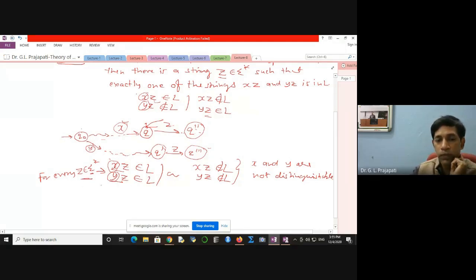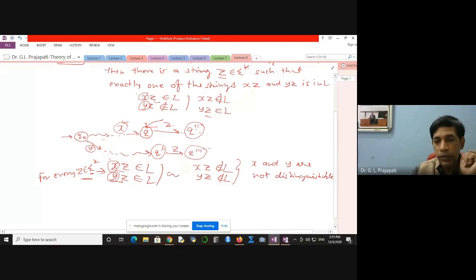So why is it so? You can simply see that if x and y are not distinguishable, then it should not go to different places. It should go to one place on receiving the strings x and y. And from that state, if you receive the string z, then you can go either to a final state, which means xz is in the language, or not to a final state, which means xz is not in the language.